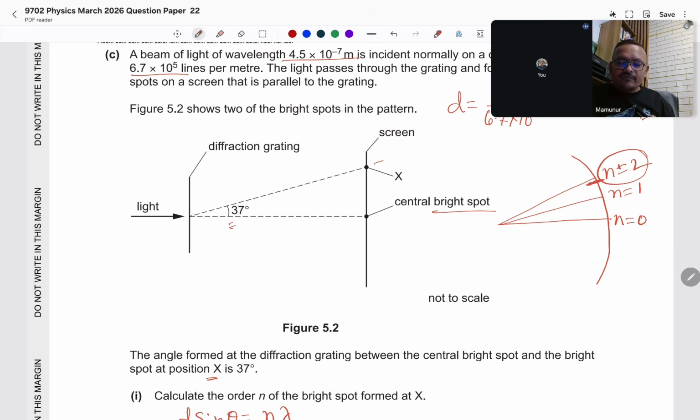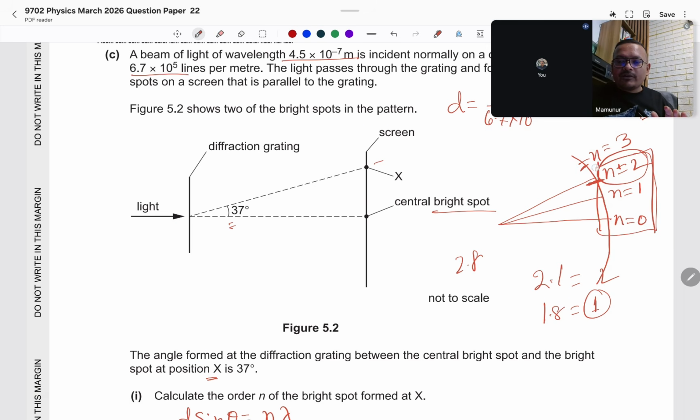So if this is, suppose, 2.1, we can write 2. If 1.8, we need to write 1. It's a whole number, always the lesser one, because if n equals 3 is here, and we got the answer n equals 2.8, we need to write 2.